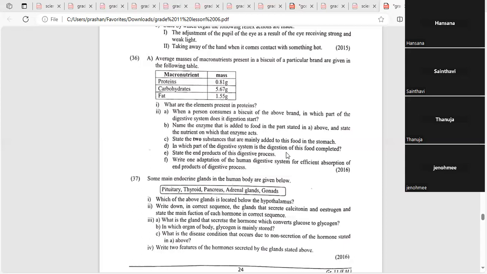Those are the end products of this digestive process. Here we write: protein converts into amino acids, carbohydrate converts into monosaccharides, and fat breaks down into fatty acids and glycerol.